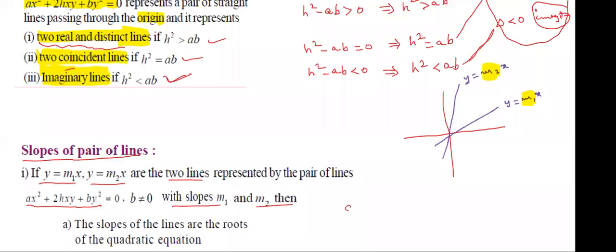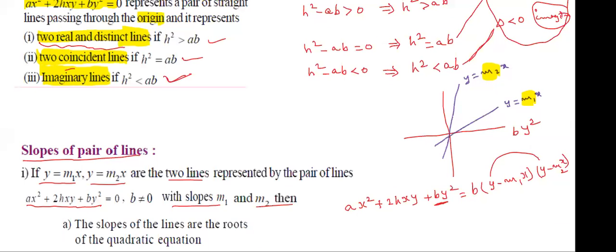Now we can write the combined equation of the two lines as ax square plus 2hxy plus by square is equal to y minus m1x into y minus m2x. First, we want to equate one of the variables. Here there is by square, and after multiplication we get only y square. That's why we want to equate them, so we need b here, so multiply by b.